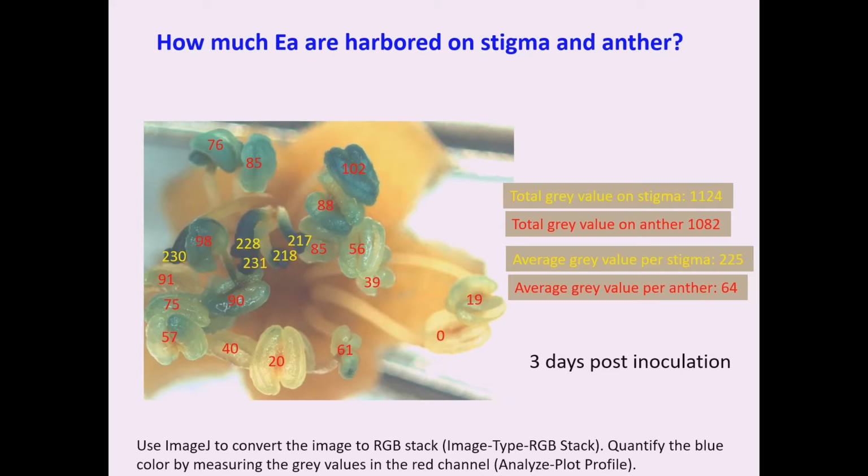The yellow numbers represent the level of blue color on stigma, and the red numbers represent the blue levels on anthers. And as we can see in this picture, the total gray value on stigma and the total gray value on anther are comparable. But the average gray value per stigma and average gray value per anther are totally different.